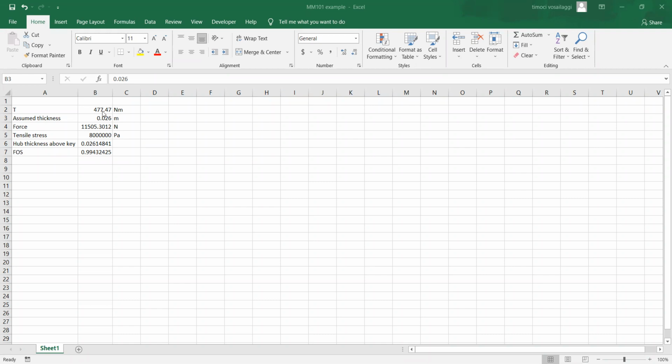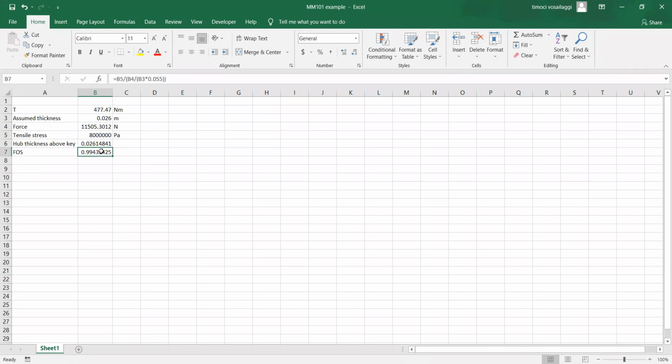So I've set up this very basic calculation sheet where we enter the torque value that we have calculated for. We enter the assumed thickness, and it will calculate the force for us. And we enter the tensile strength of the material, so 8 megapascals, and it will calculate the ideal thickness and give us a factor of safety.